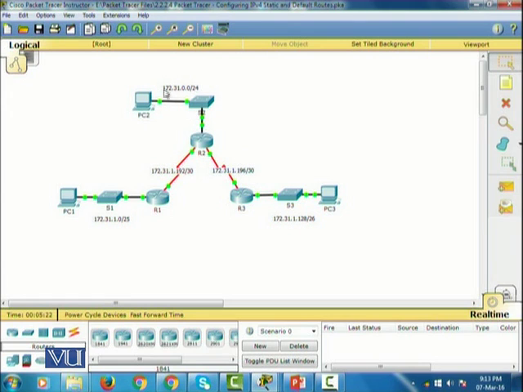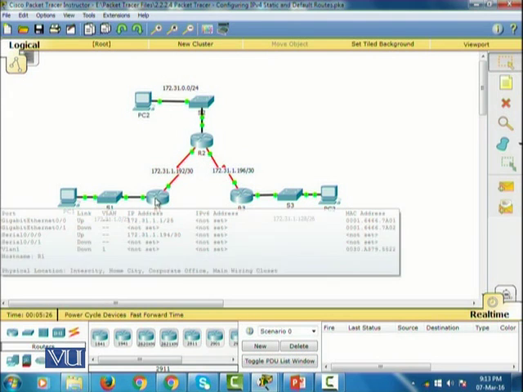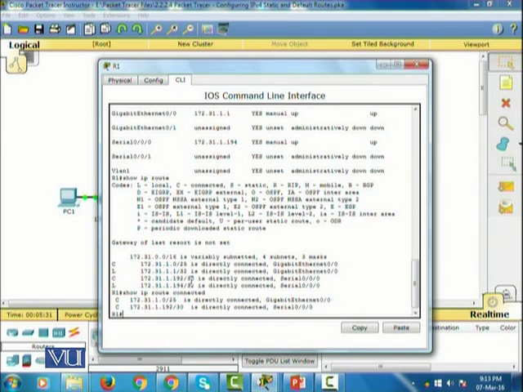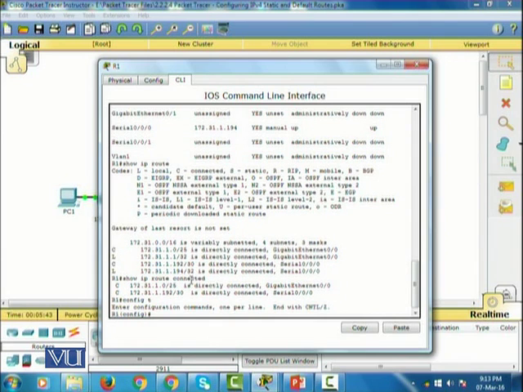So I will be entering 3 static entries in this router R1. So let's go ahead and do that. And remember the command to enter the static routes. First of all, I have to go into the global configuration mode, and then I'm gonna enter IP route.